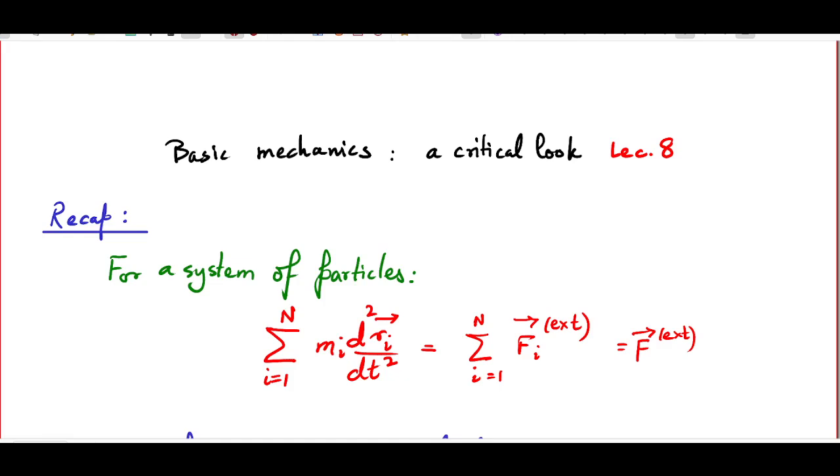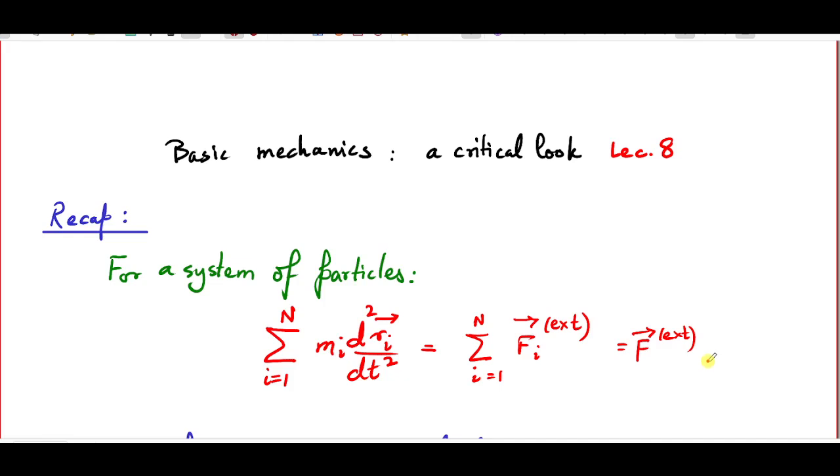If you multiplied each one of the masses of the particles with their corresponding accelerations and summed up the whole thing, this result, sigma i going from 1 to N of mi d2ri/dt2, would be exactly equal to the net external force acting on the system, which we have denoted by F external.